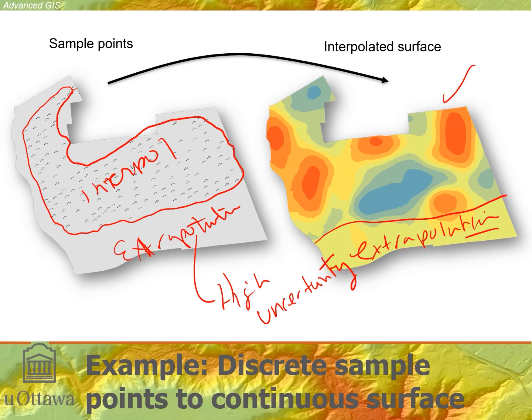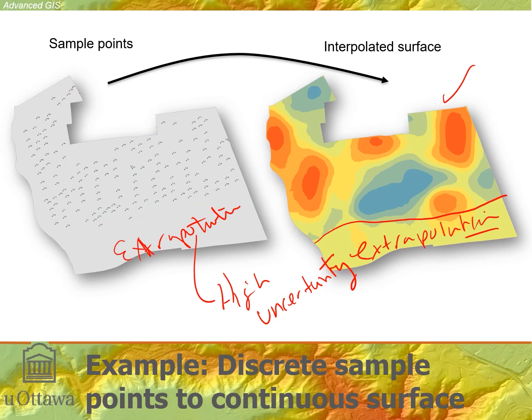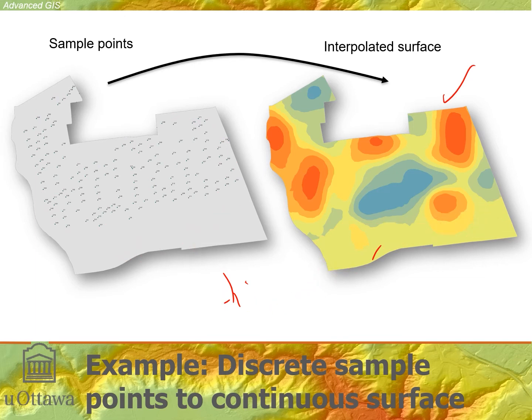So where points are close together, you'll be interpolating more precise, more accurate values, whereas where locations are further apart, like in here, let's say, or in here, you'll be getting slightly lower accuracy and higher uncertainty towards the center of these gaps. So even interpolation itself is really an extrapolation, but we call it interpolation as long as it's within the boundary of all the sampled points, like so. So we'll look at this process in two ways: how we can get to a continuous surface, one that assumes a model of spatial autocorrelation.